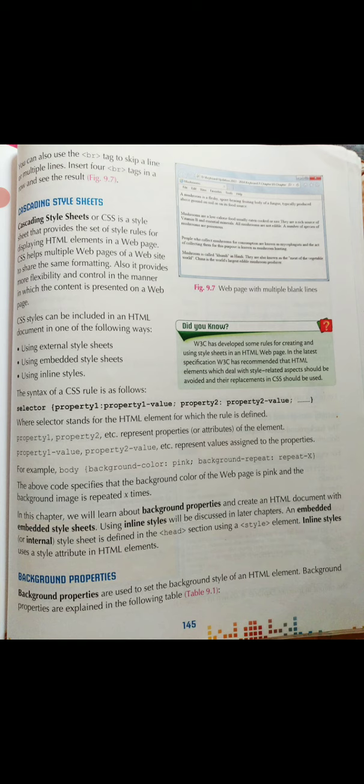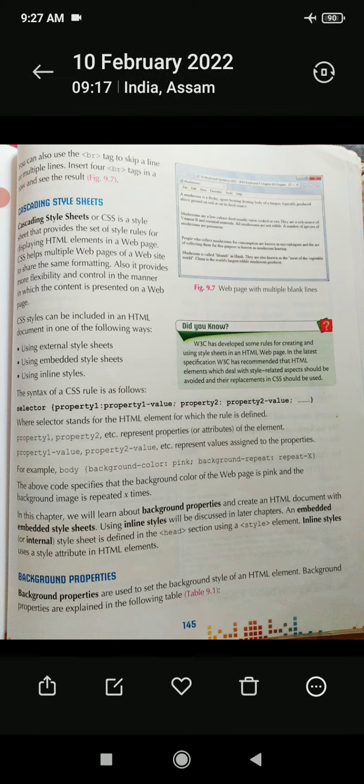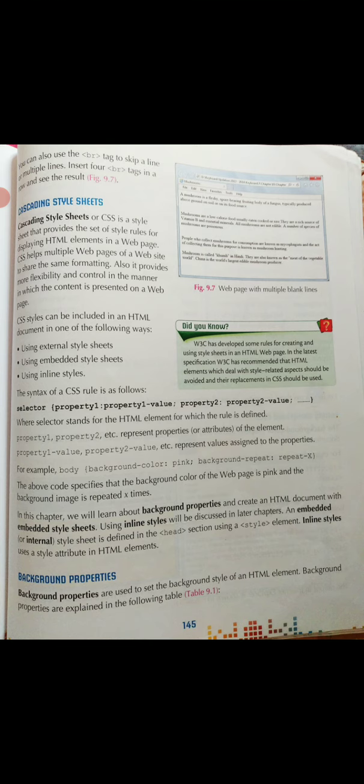Dear students, CSS styles can be included in an HTML document in one of the following ways. There are different ways of using CSS in your HTML document. The first one is using external style sheets.